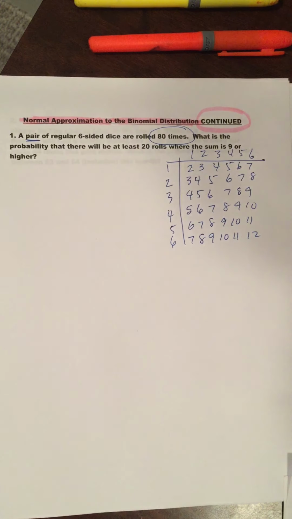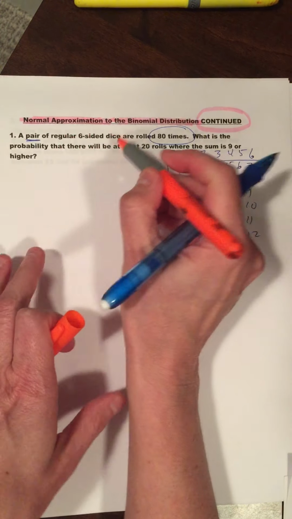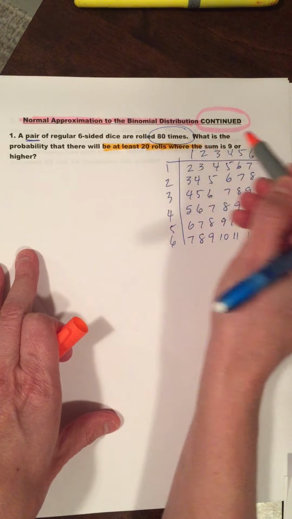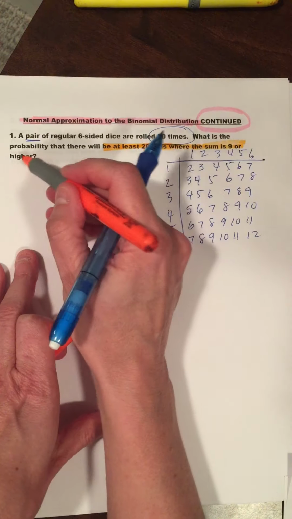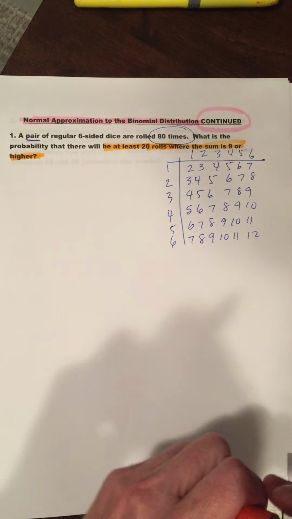Okay, what is the probability that there will be at least 20 rolls where the sum is 9 or higher?